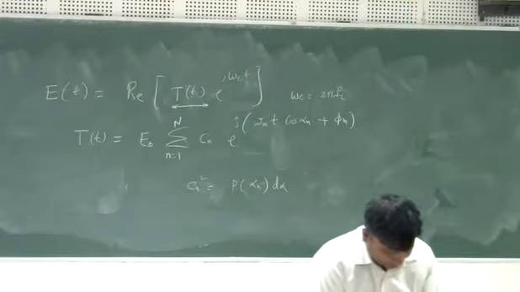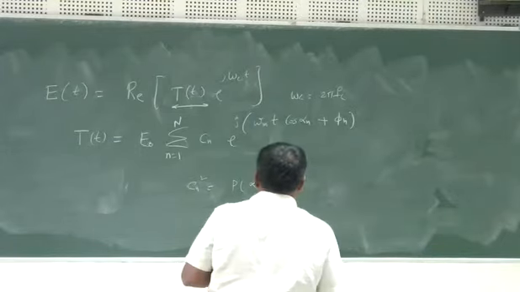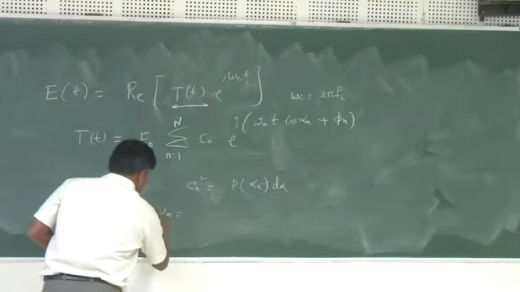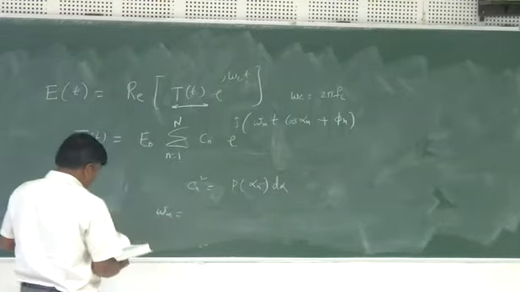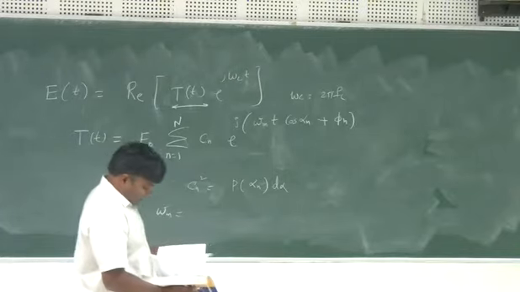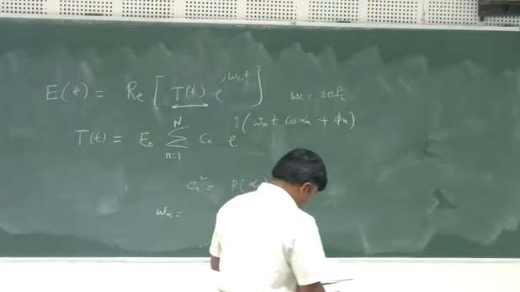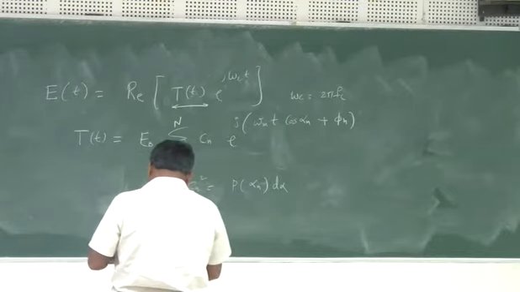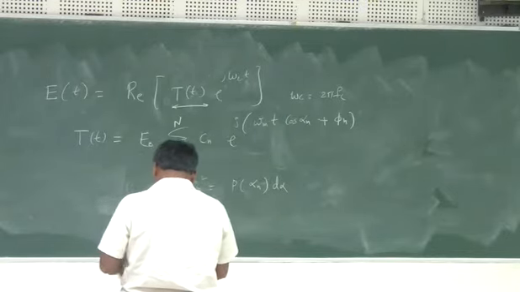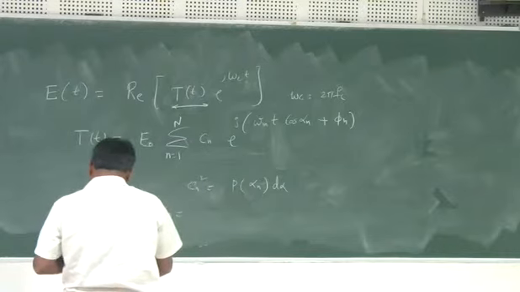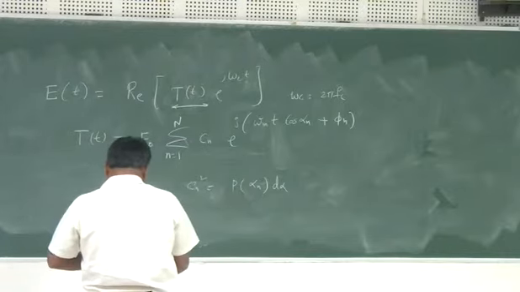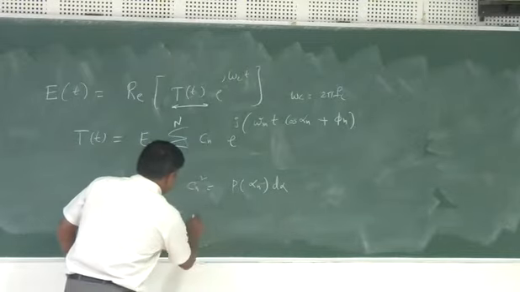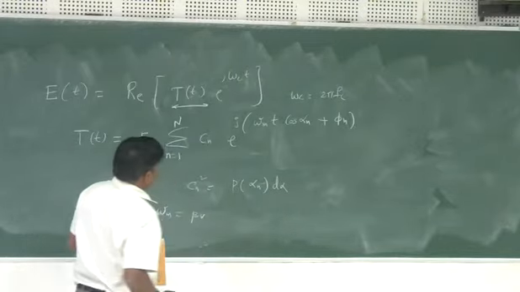What is omega m here? Omega m is the Doppler frequency. That would be beta V, the maximum Doppler frequency.